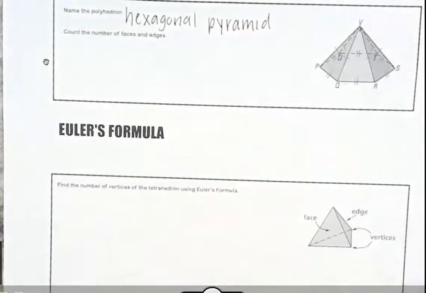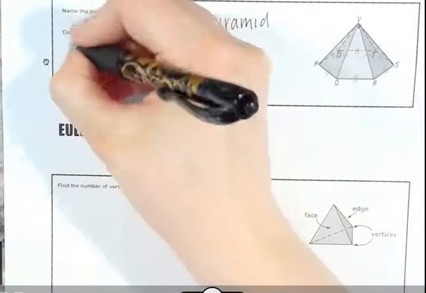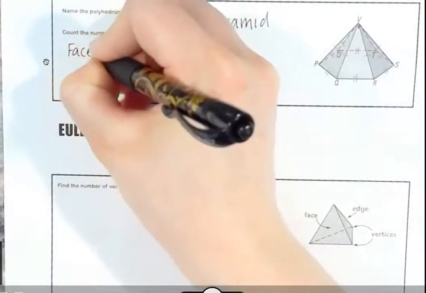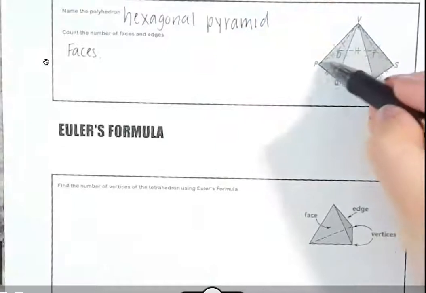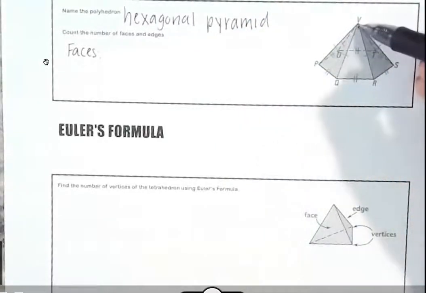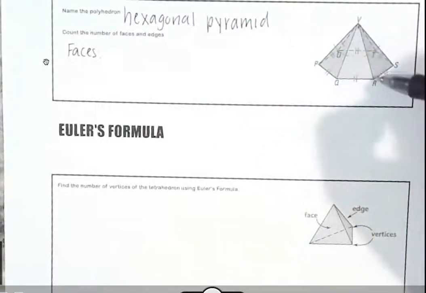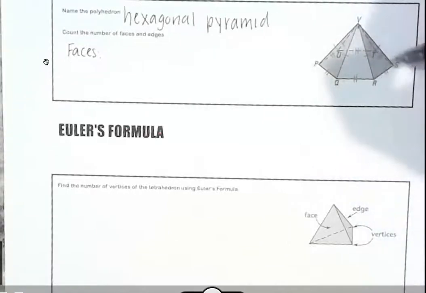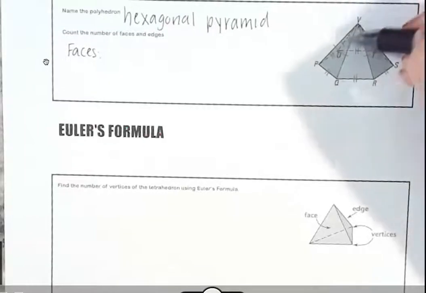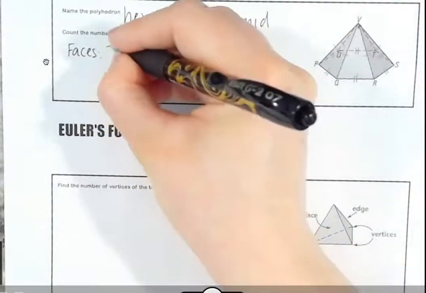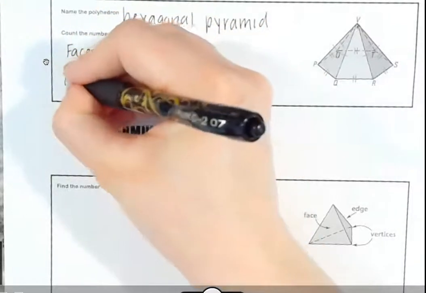So if I look here, let's start with our faces. The bottom would be 1, and now all the sides that come to that point, 2, 3, 4, 5, 6, 7. So we have 7 faces. And now our edges.